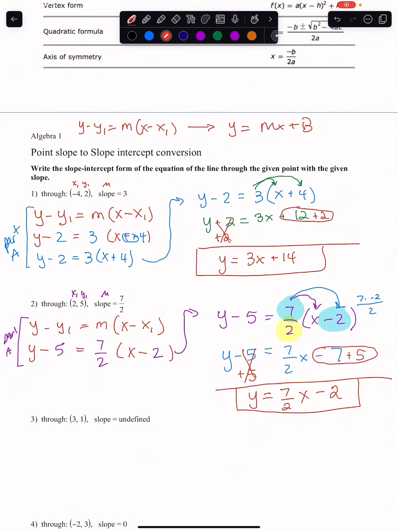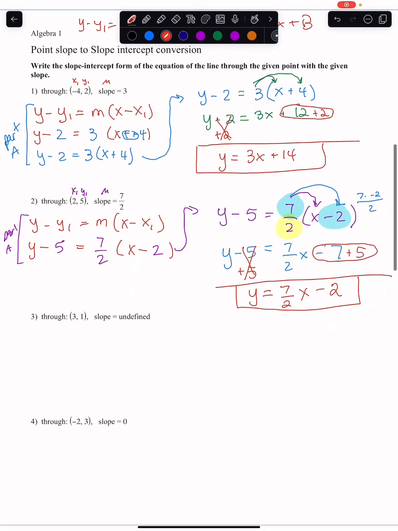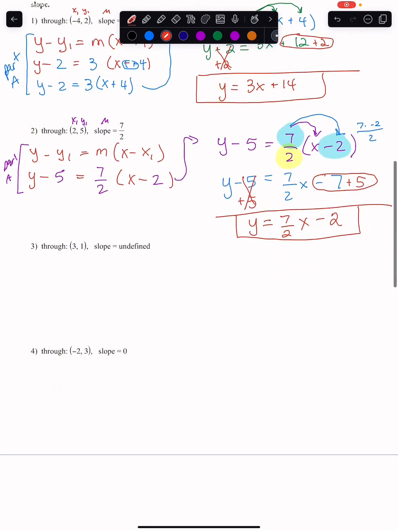All right, now, let's look at what we have here. It says something through 3, negative 1, but it's undefined. Undefined should trigger us to think vertical, because vertical was the undefined.